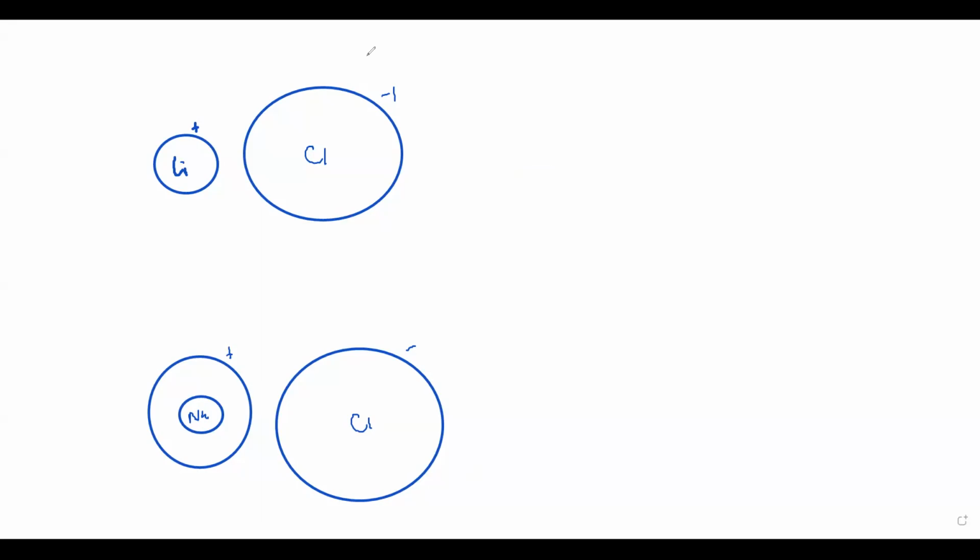That will be lithium chloride, because the ions are smaller. As the ions are smaller, they will be closer. So lithium chloride will have a higher lattice energy compared to sodium chloride, which will have a lower lattice energy.